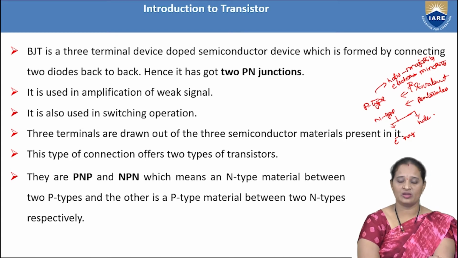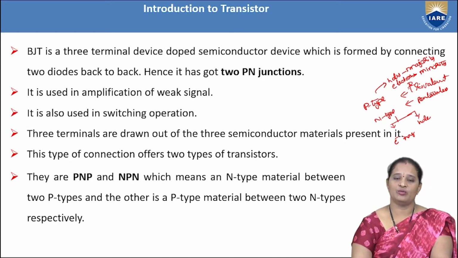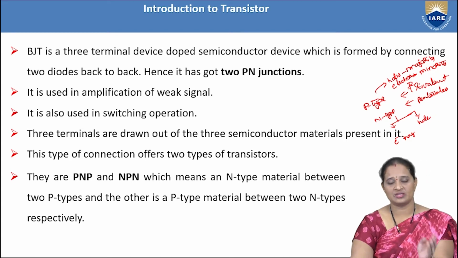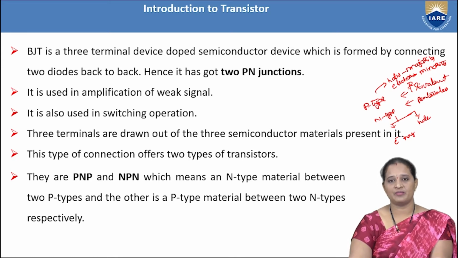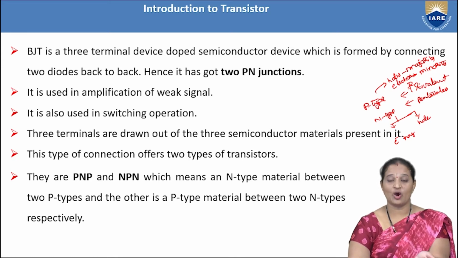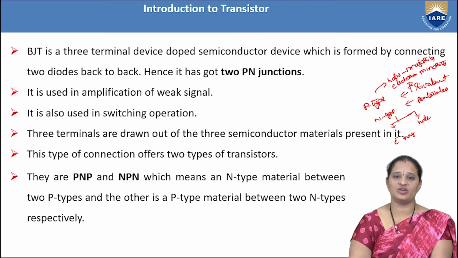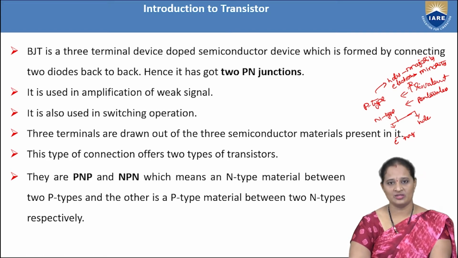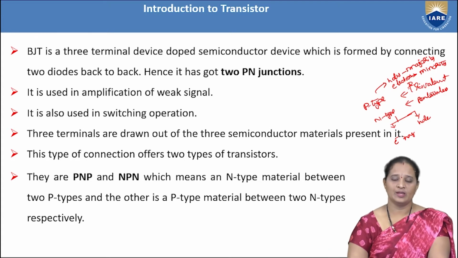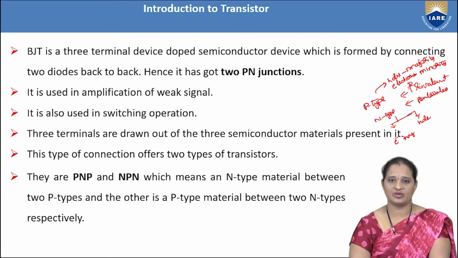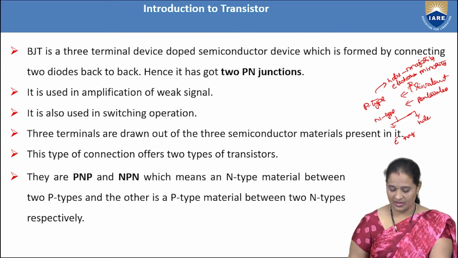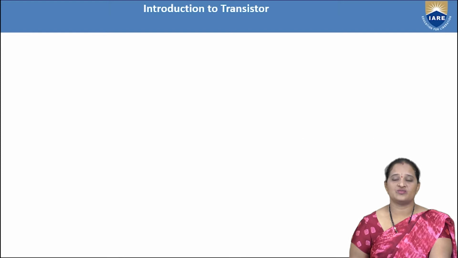So what we are doing here, we are taking two types of semiconducting materials, N-type and P-type. If an N-type semiconducting material is sandwiched between two P-type semiconducting materials, then a PNP transistor is formed. Similarly, if a P-type semiconducting material is sandwiched between two N-type semiconducting materials, an NPN transistor is formed.